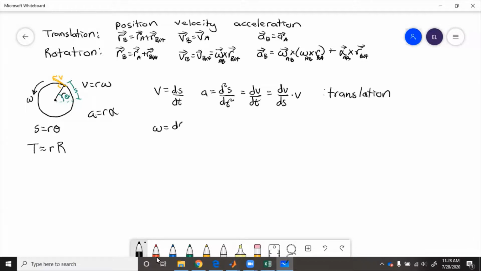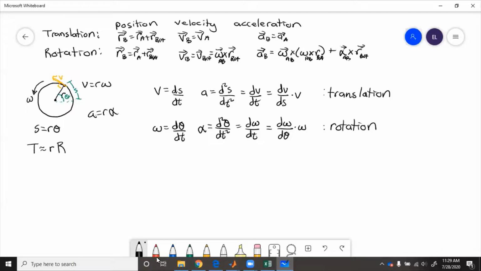Omega equals d theta dt, alpha equals d squared theta dt squared equals d omega dt equals d omega d theta times omega. So just separate and integrate as before to solve for some of the variables given other variables.